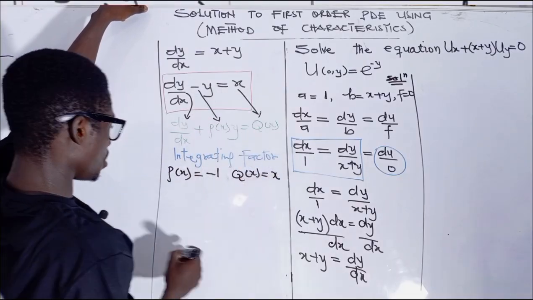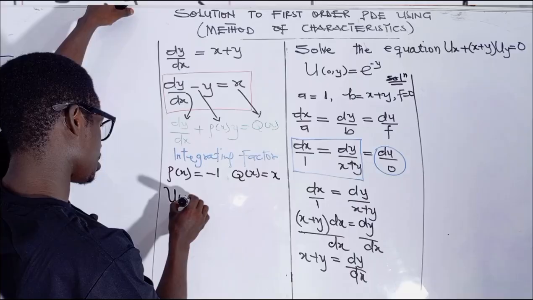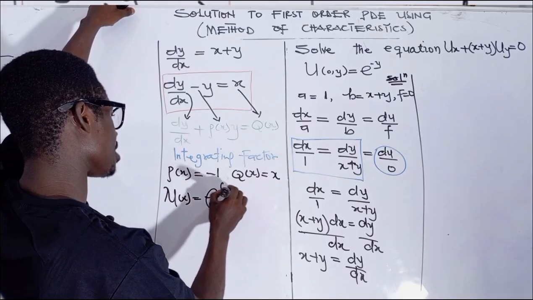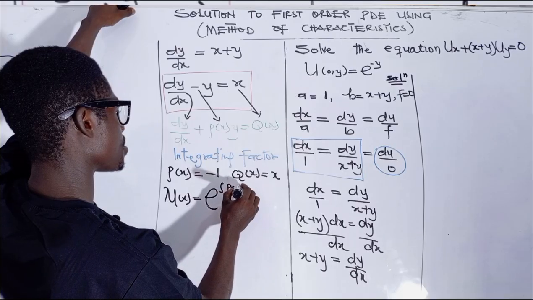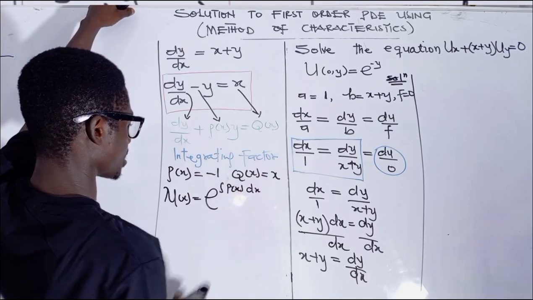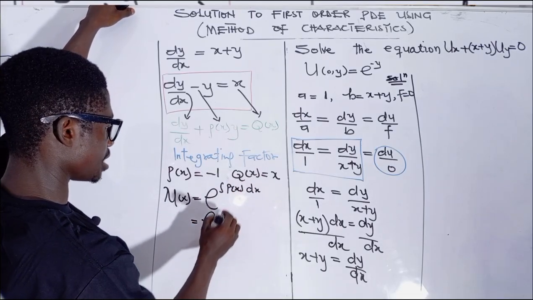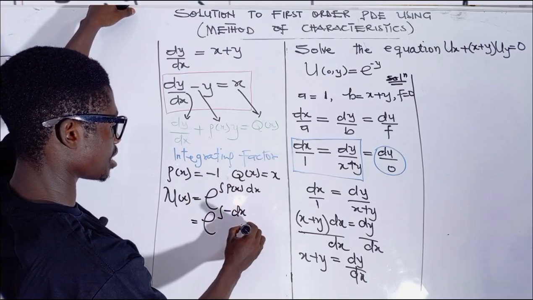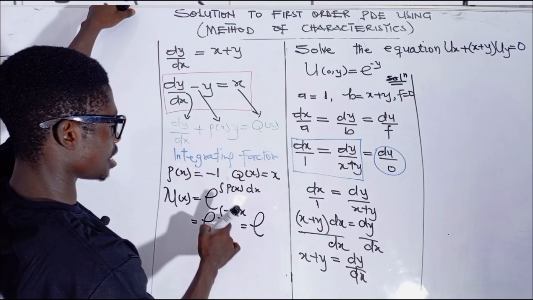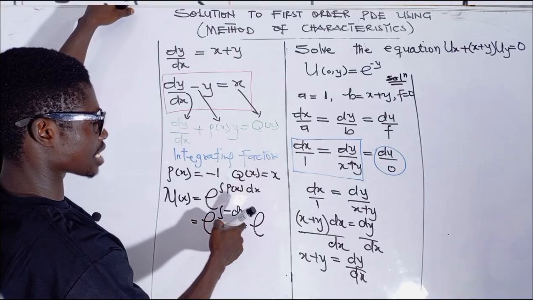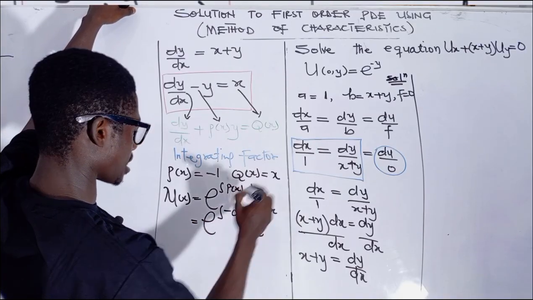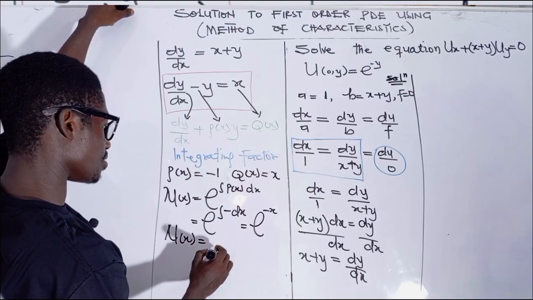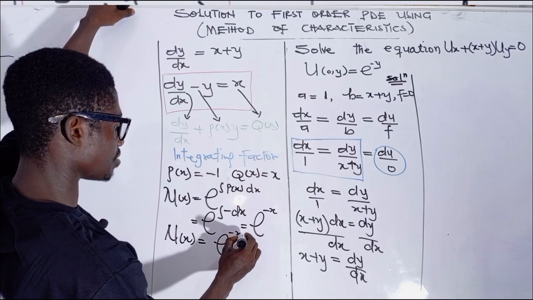Our q of x is x. So our integrating factor is e to the integral of p of x dx. So we have e to the integral of -1 dx. When we integrate dx, we get x, so we have minus x. Therefore, our integrating factor is e to the power of -x.